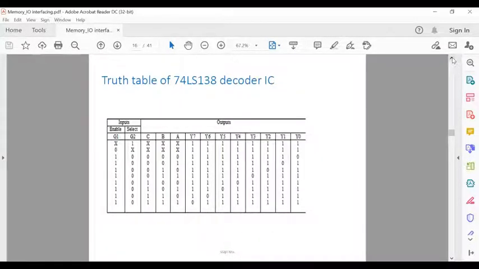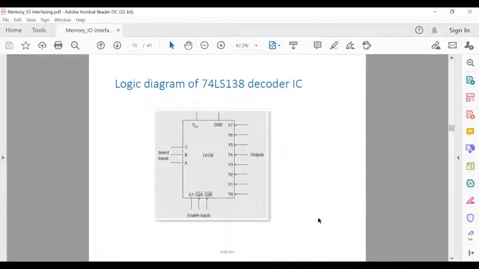First, I will review some features of this decoder IC. It has 3 select lines, as you can see over here: A, B, and C. A is used as the least significant bit, and C is used as the most significant bit.